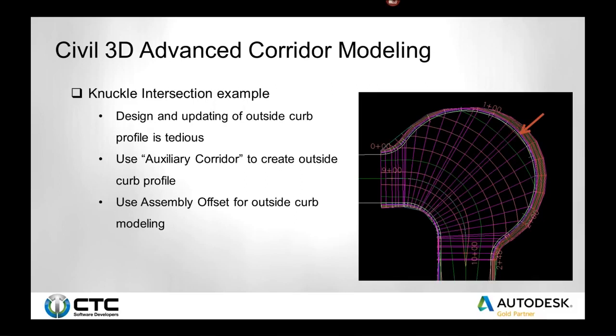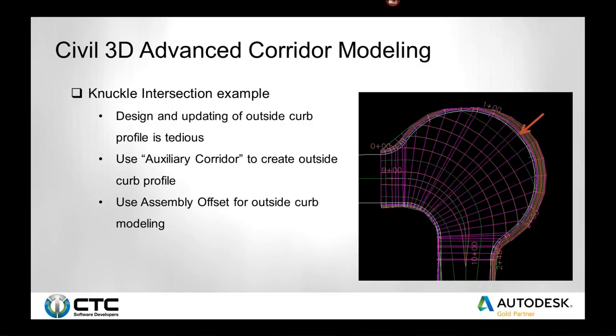In this knuckle intersection, the design of the outside curve profile is fairly tedious, and this is where the auxiliary corridor comes into play. We're also going to use an assembly offset for the outside curve modeling.